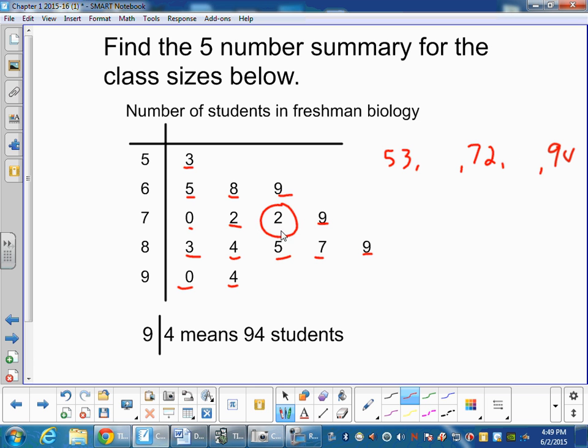And since we have 72 used, now we don't use that for the first or last part. So it looks like 68 will be our quartile 1, and our quartile 3 is 85. Is this accurate?